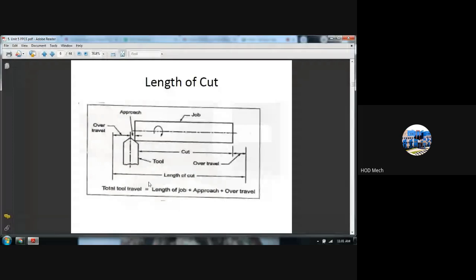When you look at that, suppose consider this rectangular block, what has been highlighted now is your workpiece. This is your workpiece, and you have a tool. This part is your tool.